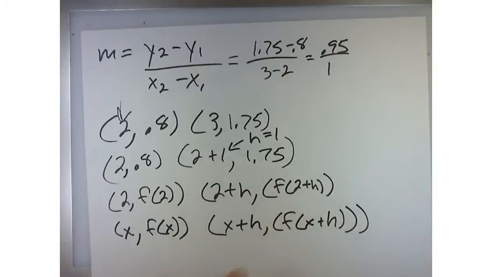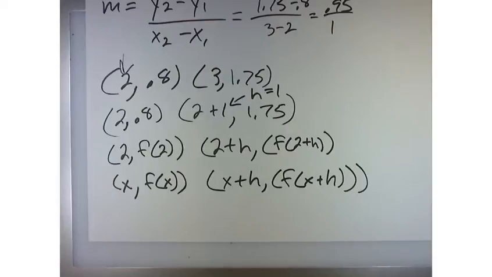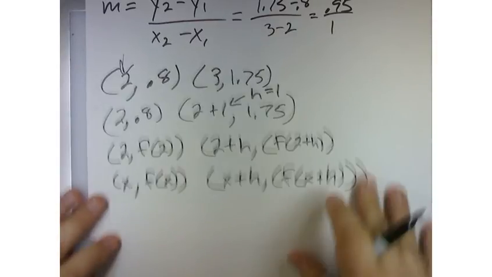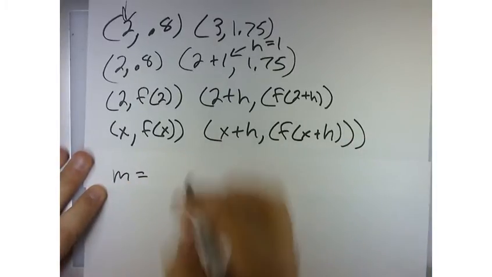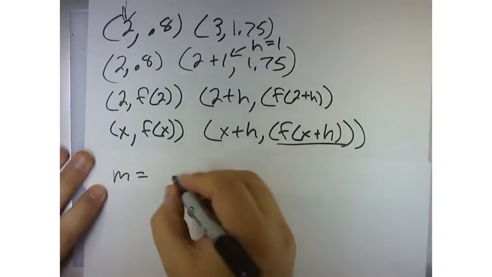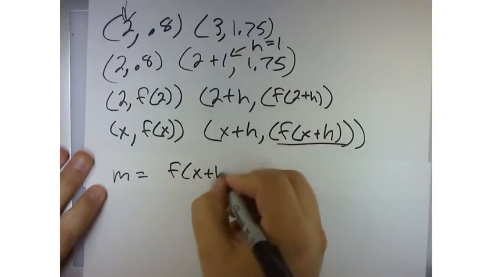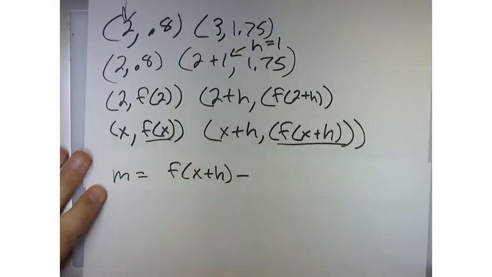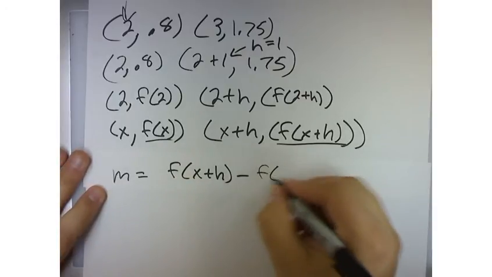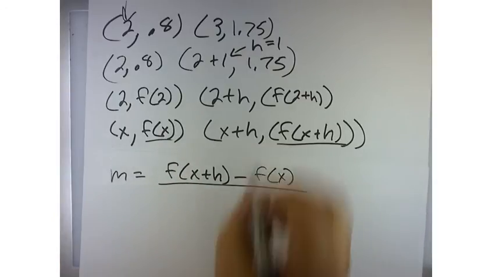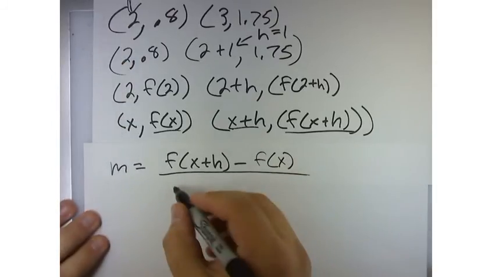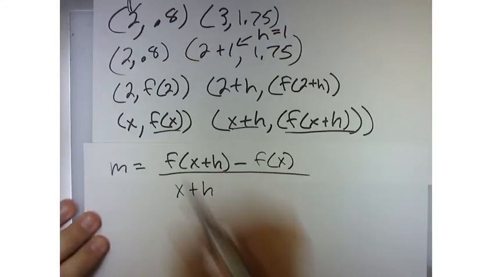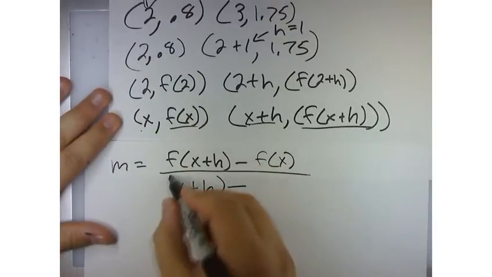So now if we have it written like this, and I want to take the slope using this sort of notation, I would say that the slope is equal to the second y value, which is f of x plus h, minus the first y value, which is f of x, all over the second x value, which would be x plus h, and then minus my x.